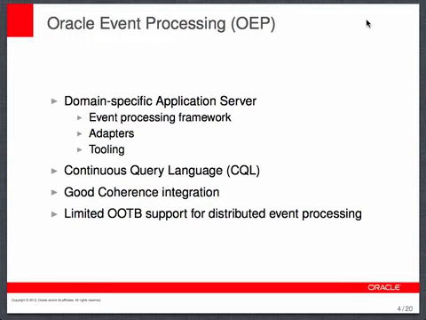So the way I like to think about it is it's really an application server, primarily, that's focused and tuned for event processing. It's built on OSGi. The programming model is a mixture of Java and Spring, and it has this concept of an event processing network, which its tooling, its IDE support lets you visualize and easily wire things together.